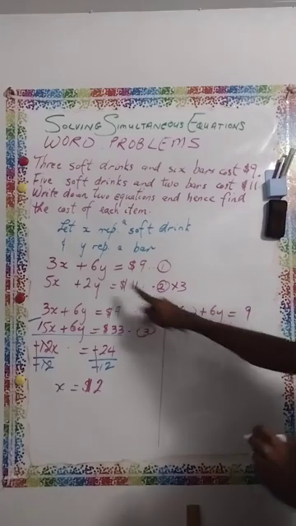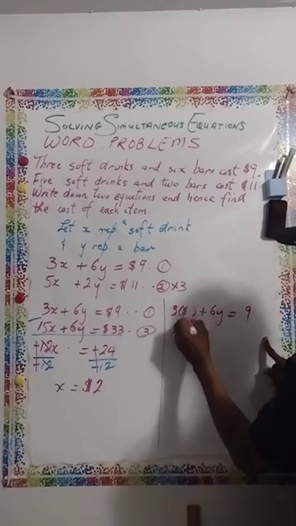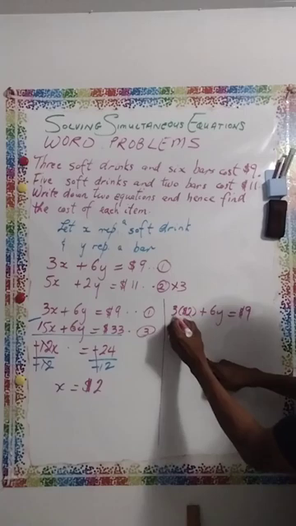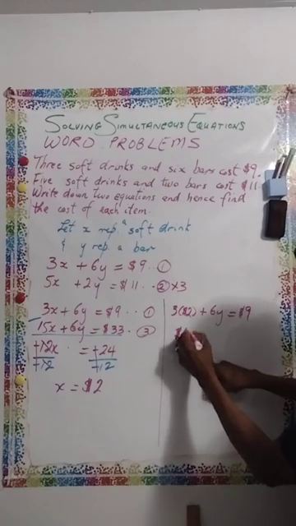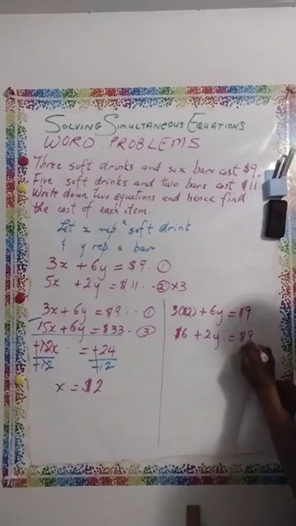But x is what? X is $2. We're going to put our $2 in here. Right? We're going to have 3 times $2 is $6. Plus 6y equals 9.